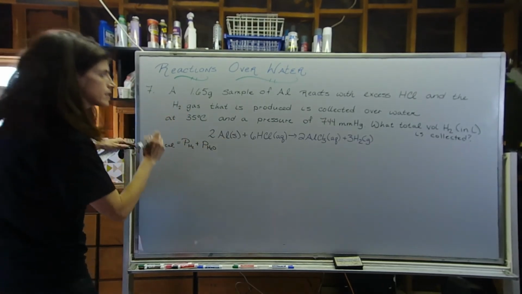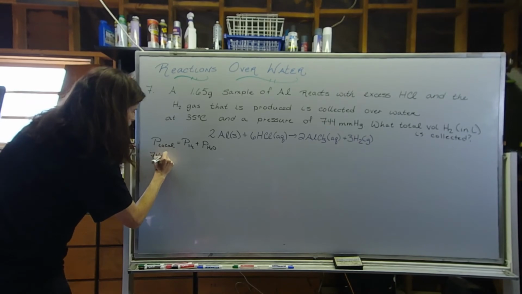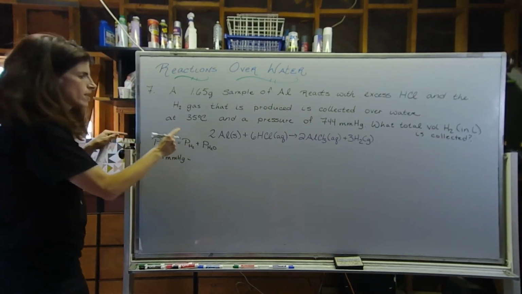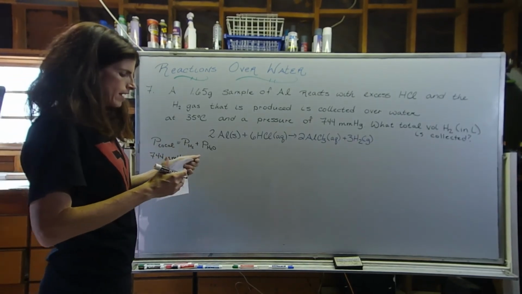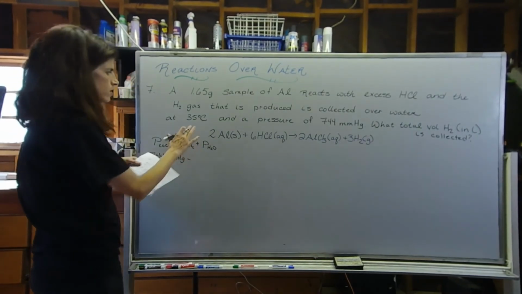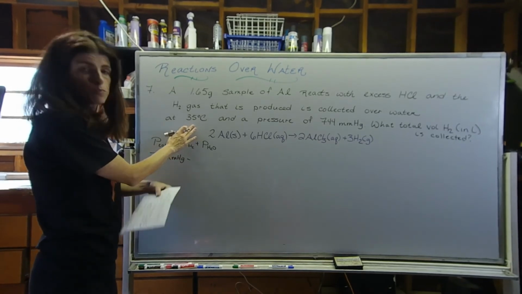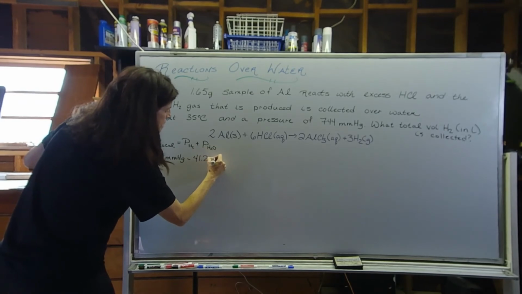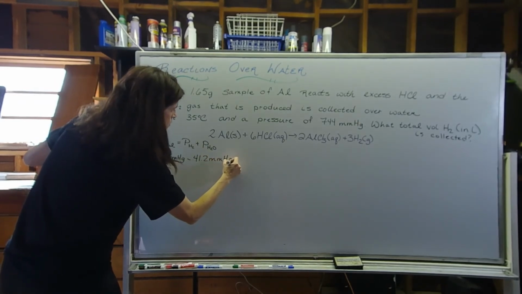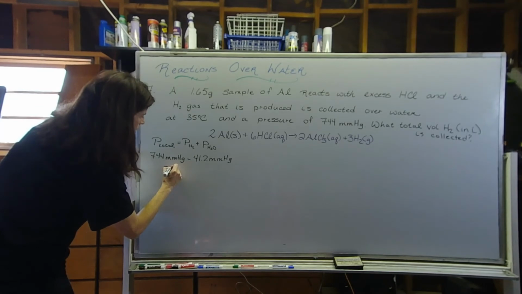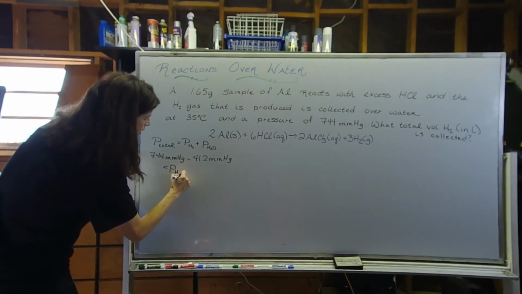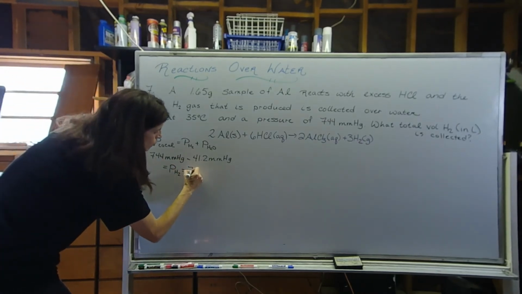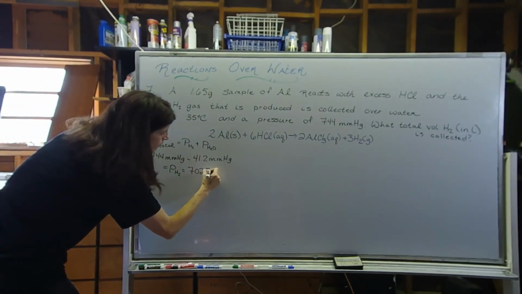So I did 744 millimeters of mercury, and then when I went to my chart, I found that at 35 degrees Celsius, water will have a partial pressure of 41.2 millimeters of mercury. So therefore, the partial pressure of the hydrogen gas will be equal to 702.8 millimeters of mercury.